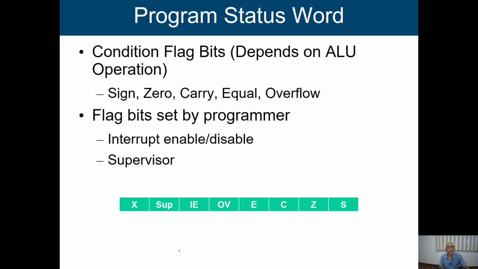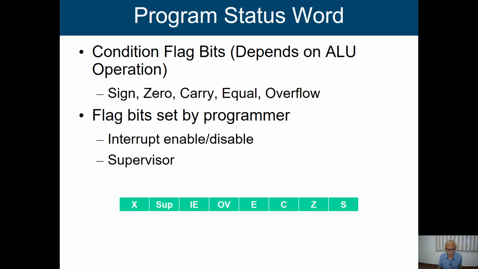Now in this particular case, these are the conditional flag bits, and this depends on your ALU operation, like sign, zero, carry, equal, overflow. Or you may have some more also, but these flags depend on our ALU operations. So we perform an operation in ALU, and depending on the result of the ALU, we set these individual bits.